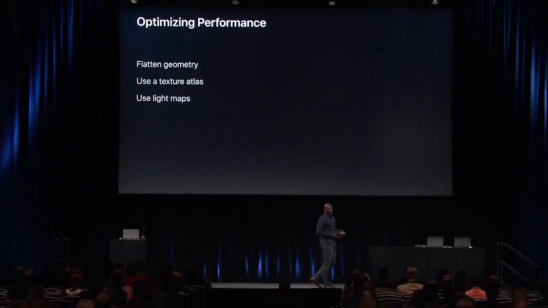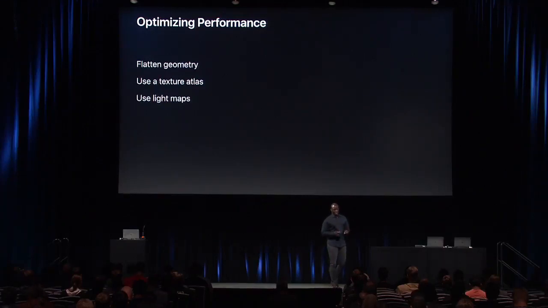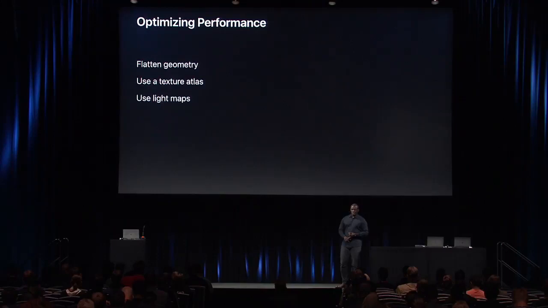So to recap, we talked about flattening geometry, how this is the low-hanging fruit of performance optimizations in terms of reducing your draw call count. We talked about using a texture atlas, which is something that you get your artist to do and you just take advantage of that will reduce the number of materials that you use, which has an impact on loading time, making your app start up much faster, and also has an impact on disk I/O, making it fewer objects to load.